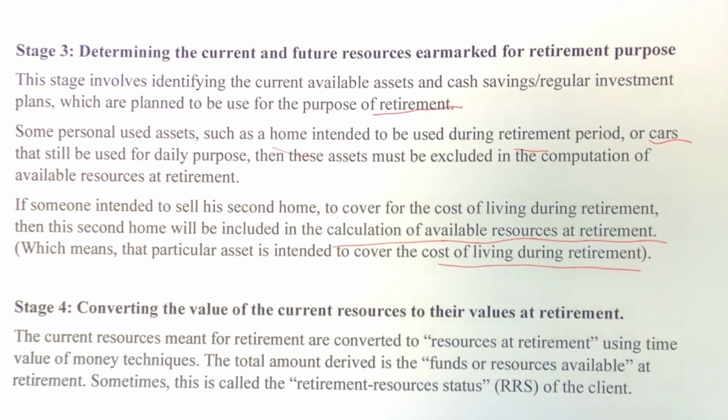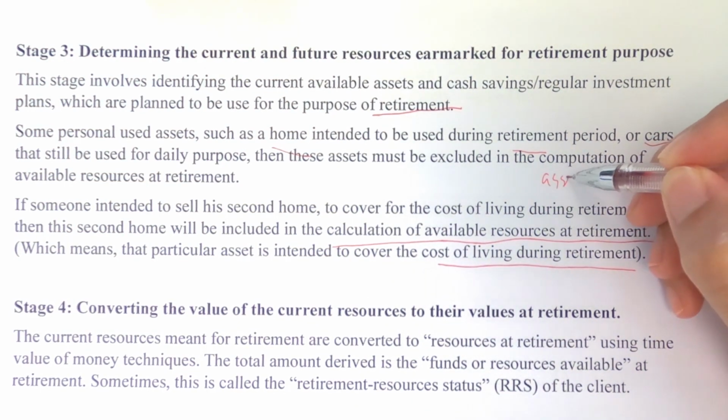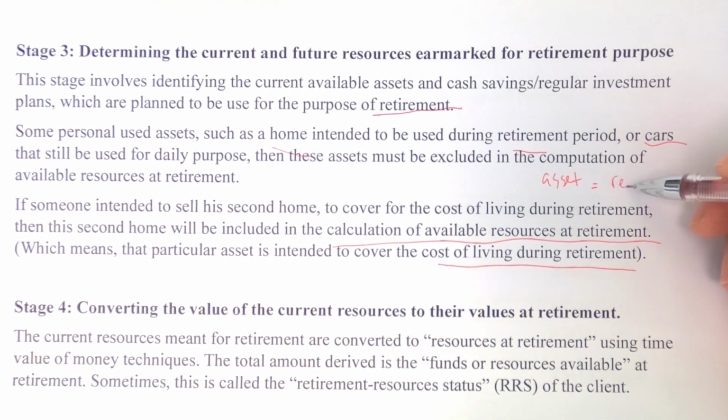If, for example, your client has several cars, and those cars will be sold once they reach retirement because they want to use the cash from the sale of the cars to cover for the retirement expenses, then it also can be considered as an asset that can be used for the purpose of retirement.